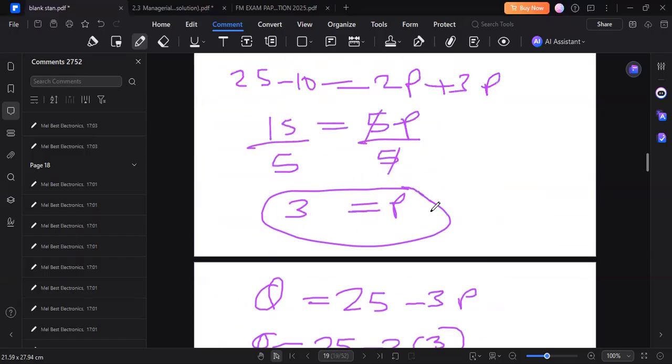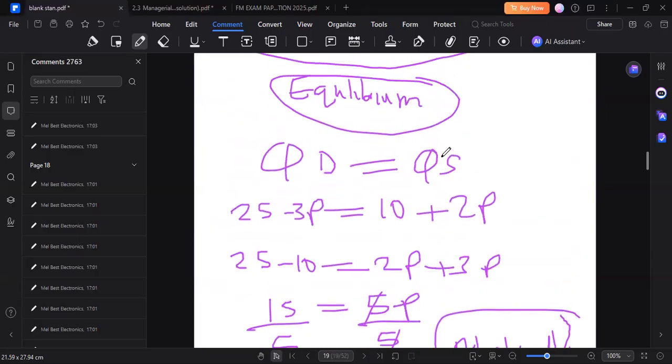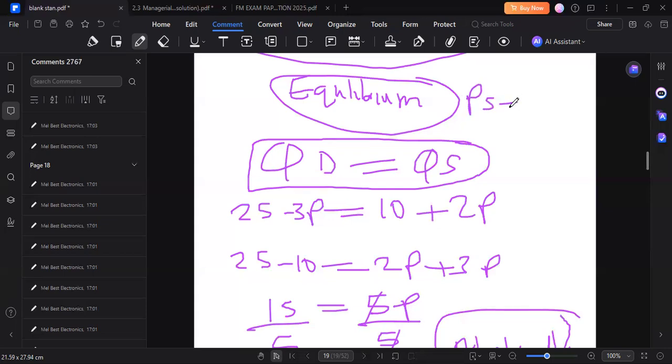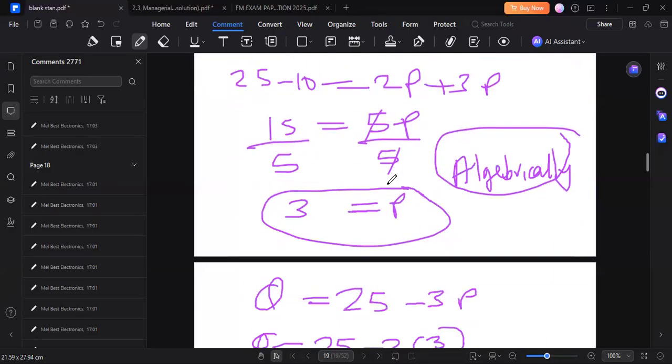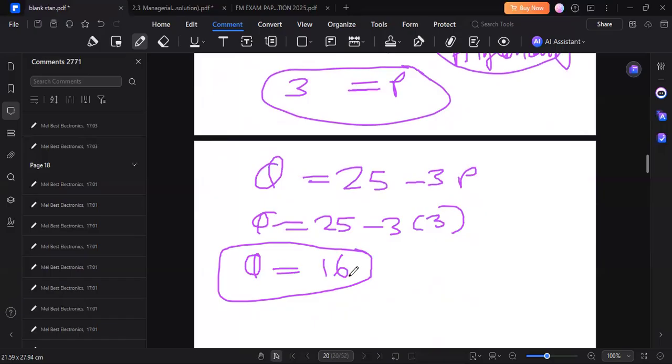So this is the equilibrium price and quantity, using the algebraic method. So do not do a graph. A graph is not necessary. So we get those answers. Price demanded is equal to price supplied at equilibrium. So the equilibrium price is 3 and the equilibrium quantity is 16.